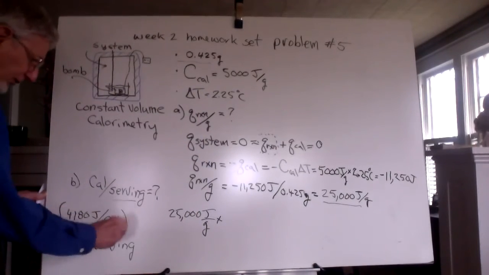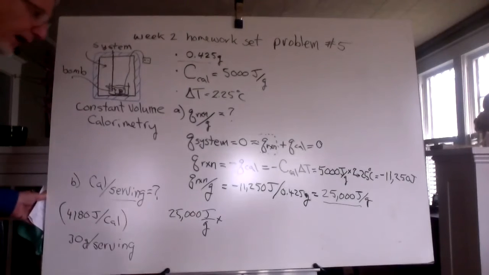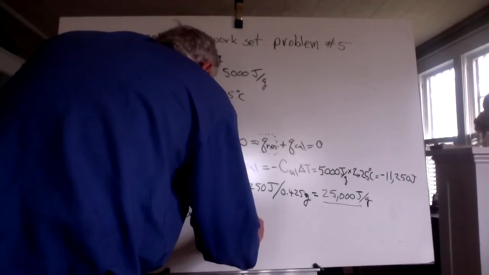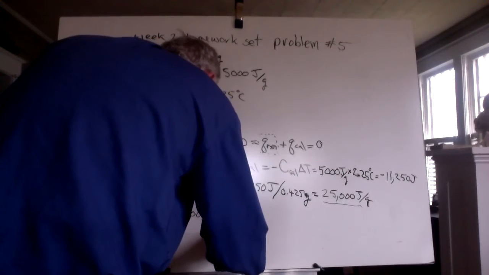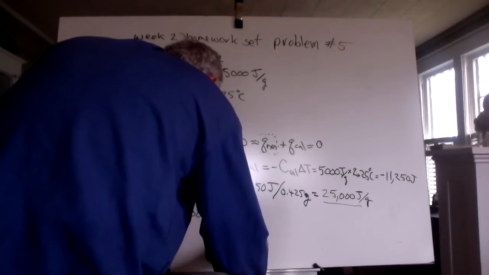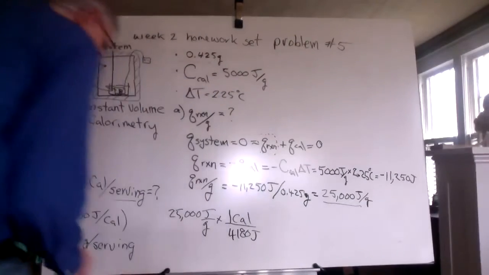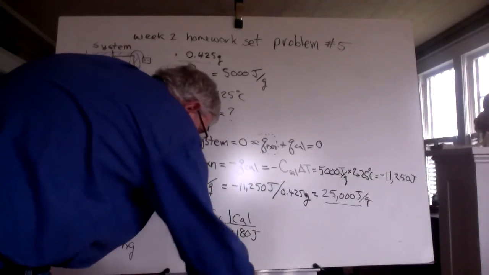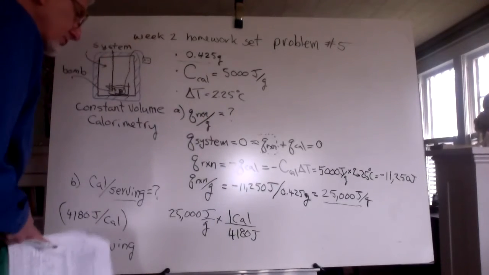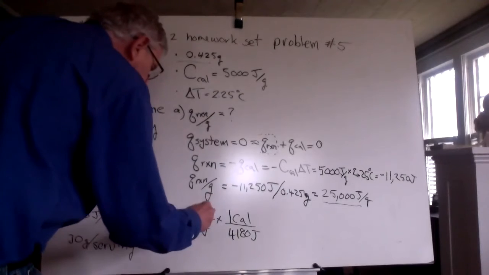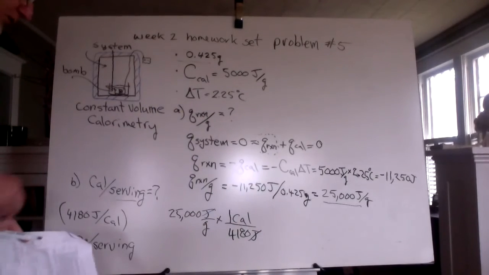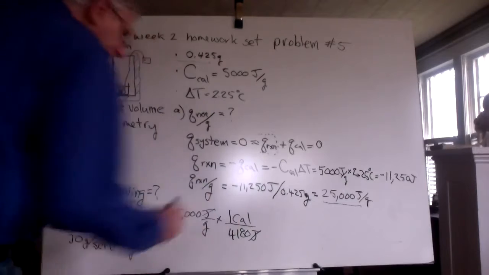So we'll use this conversion unit, and that means that there is 1 calorie for every 4,180 joules. And notice that our joules will cancel. And now we have our energy expressed in terms of calories, CAL.